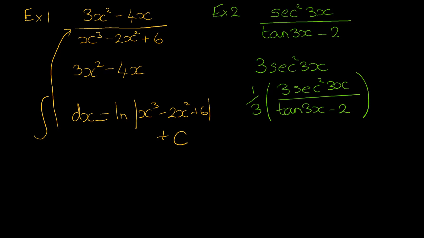To get that 3 sec squared 3x on the top, I've put the third outside to counterbalance that. So now when we do the integration, we're going to end up with a third ln of the bottom in modulus signs, so tan 3x minus 2 plus the c, of course.